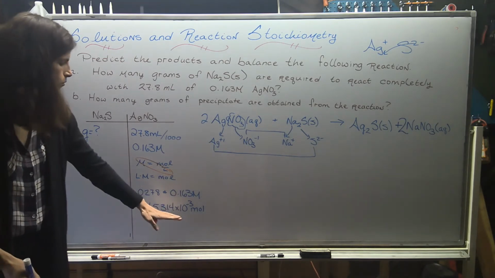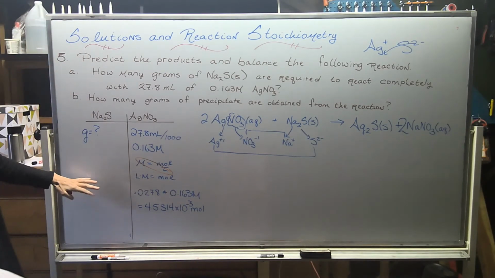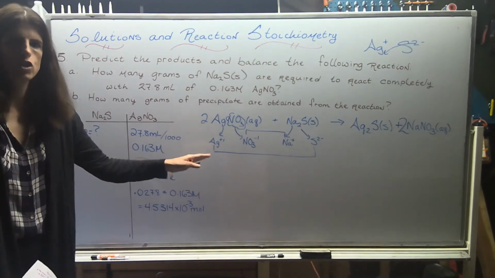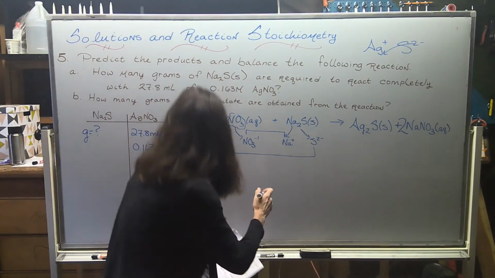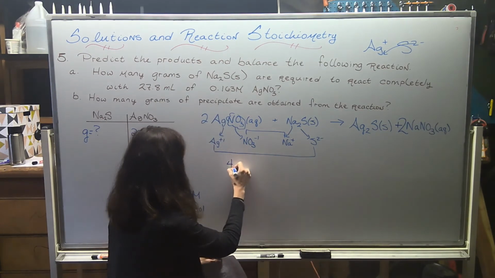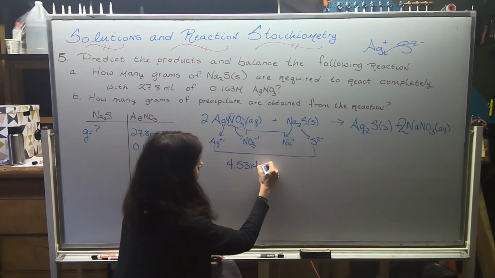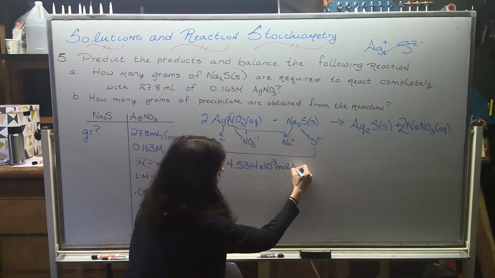You can't move a value from this side of the T-chart to this side of the T-chart without considering the mole-to-mole ratios in your balanced equation. So I'm going to take this value, 4.5314 times 10 to the -3rd moles of silver nitrate.